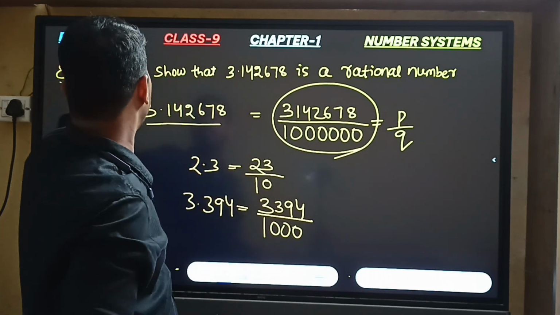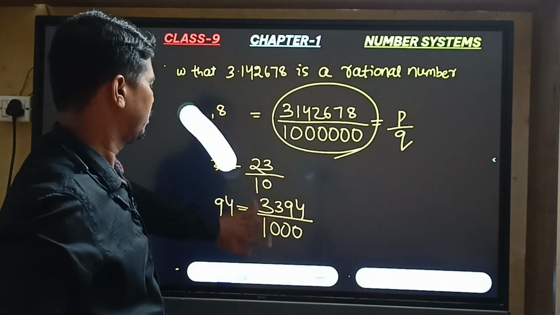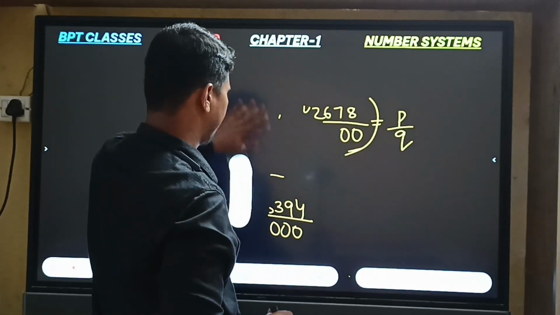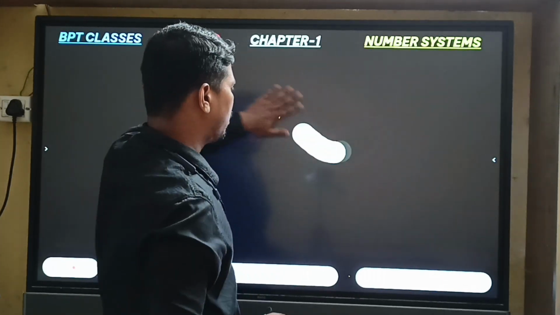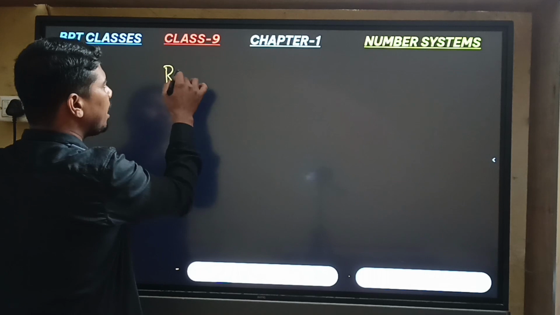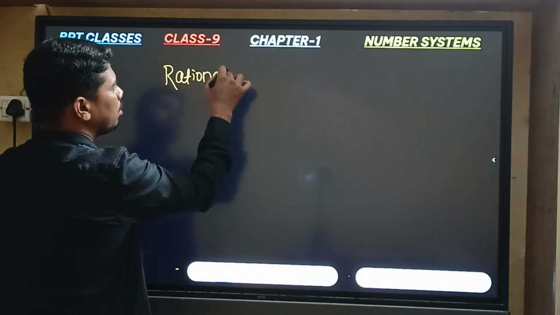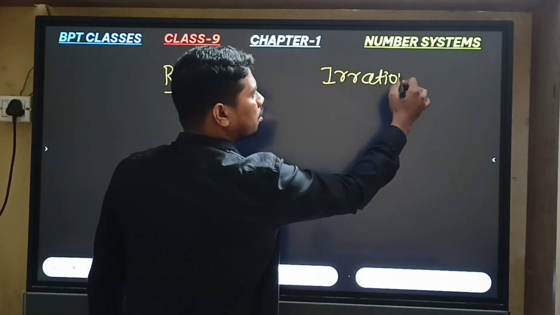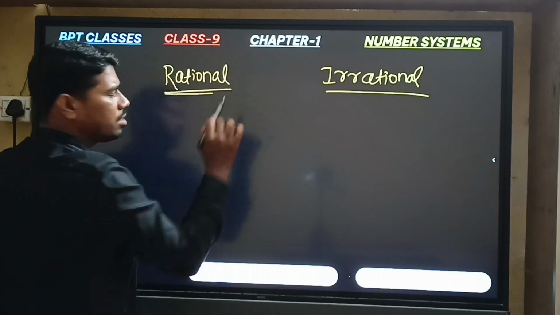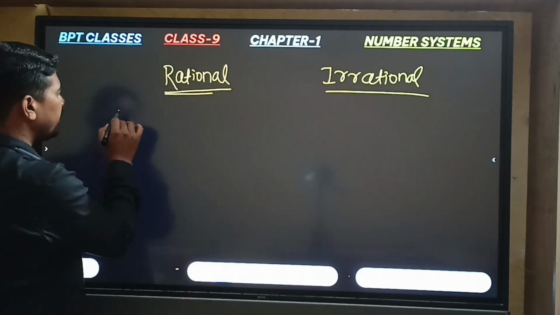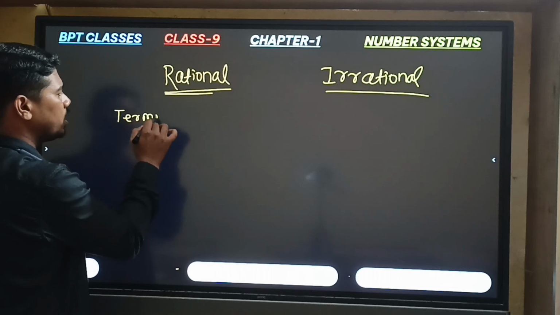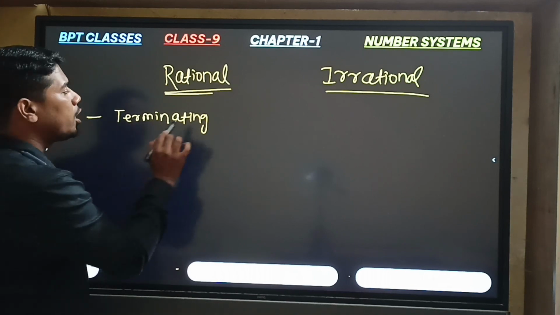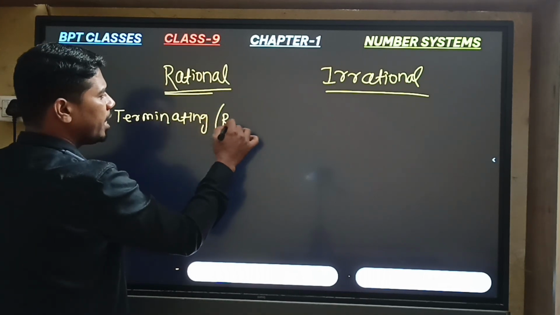So what are the properties? Let's see. On one side I am writing rational number, and on the other side irrational number. Rational means maybe it is terminating. The first one is terminating, that means the remainder becomes 0.